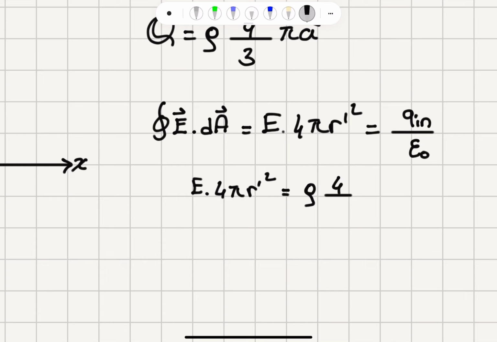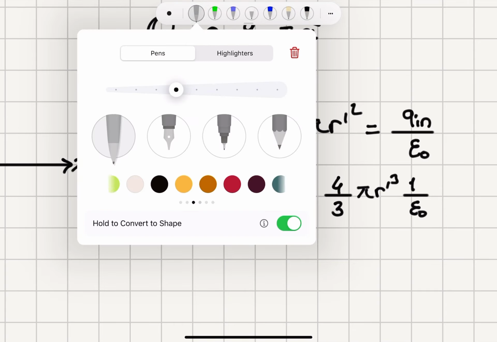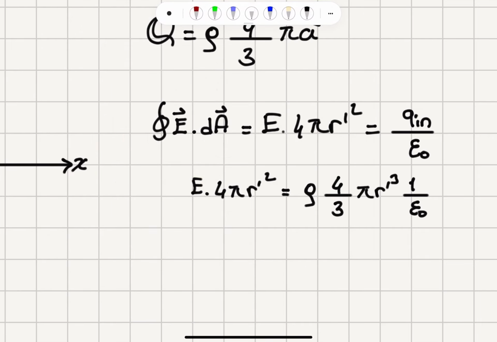What is the volume of the sphere? 4/3 pi r prime cubed, divided by epsilon 0 according to Gauss's law. We get a cancellation of r primes: the 4 pi r prime squared on the left cancels, and r prime cubed becomes r prime. So what am I left with? ρ r prime divided by 3 epsilon 0.